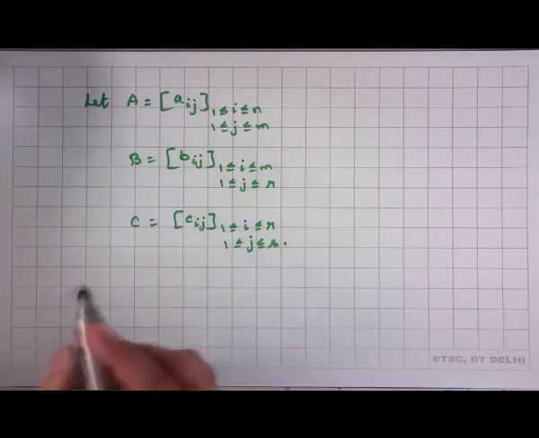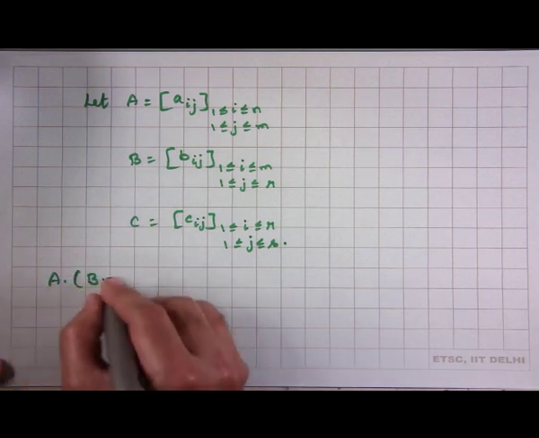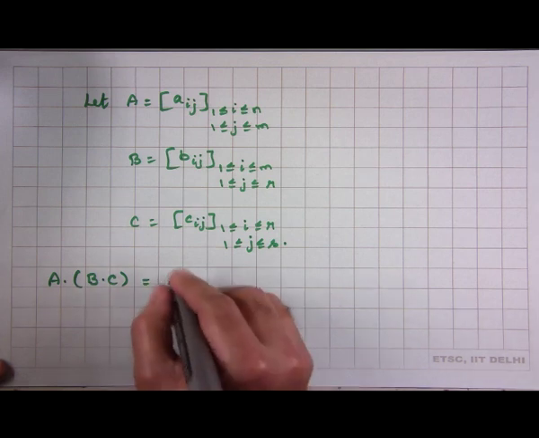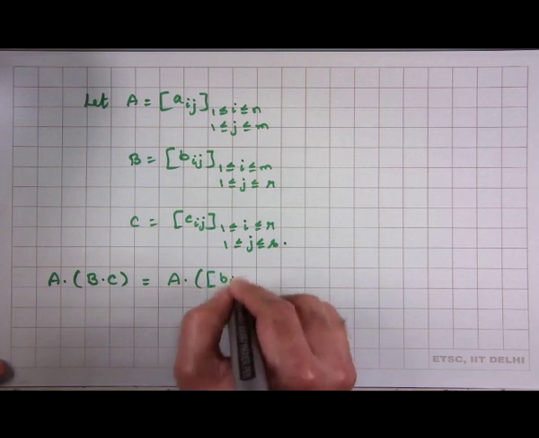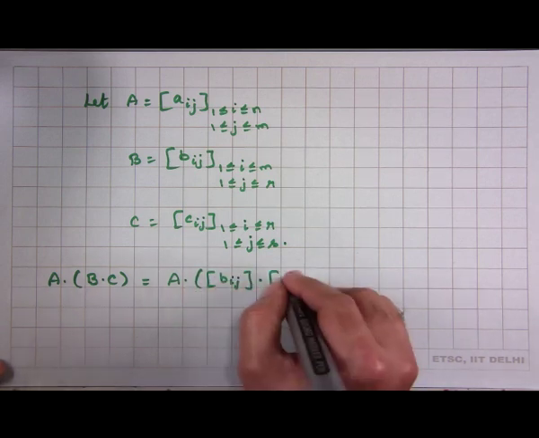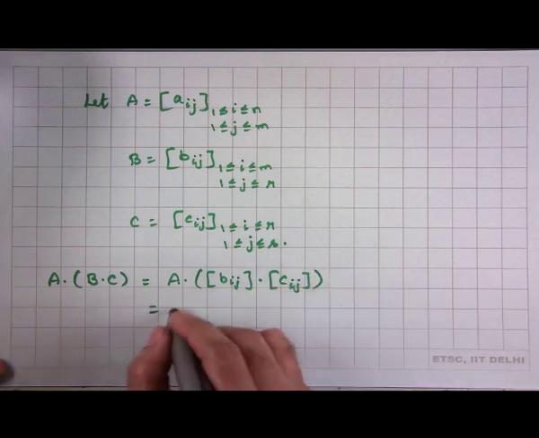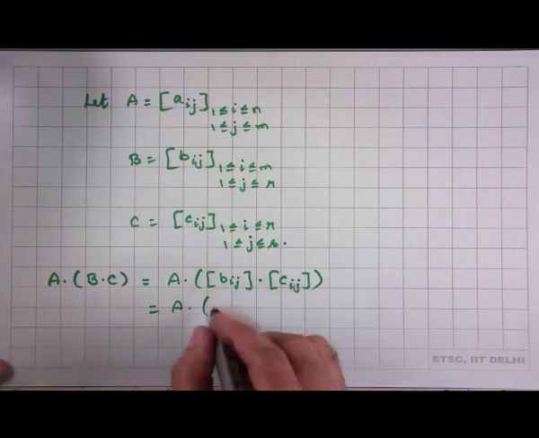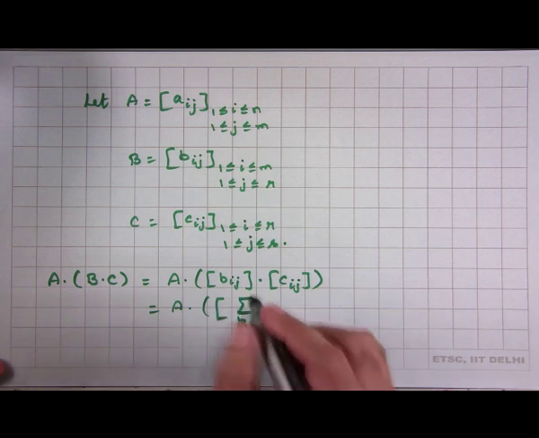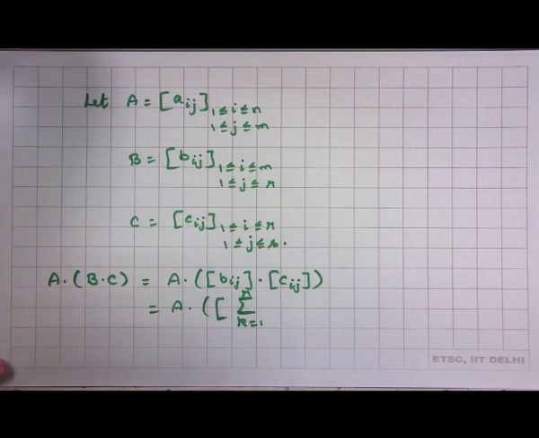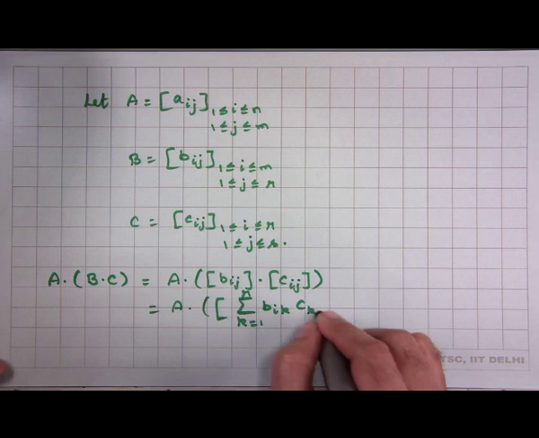Now, let us try to calculate A dot (B dot C). B dot C is the matrix Bij dot with Cij. If you multiply these two, the resulting matrix will have entries summation k running from 1 to r, Bik Ckj.